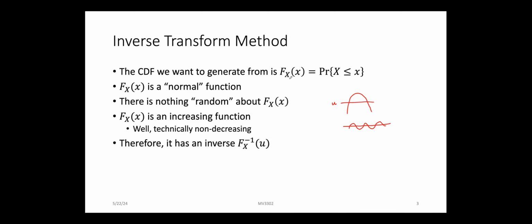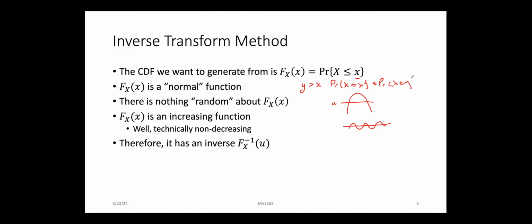But the CDF actually is increasing. Now, is it obvious that it's increasing? How do you realize that? If I have a value y that's bigger than x, then is it true that the probability that X is less than or equal to x is less than or equal to the probability that X is less than or equal to y?